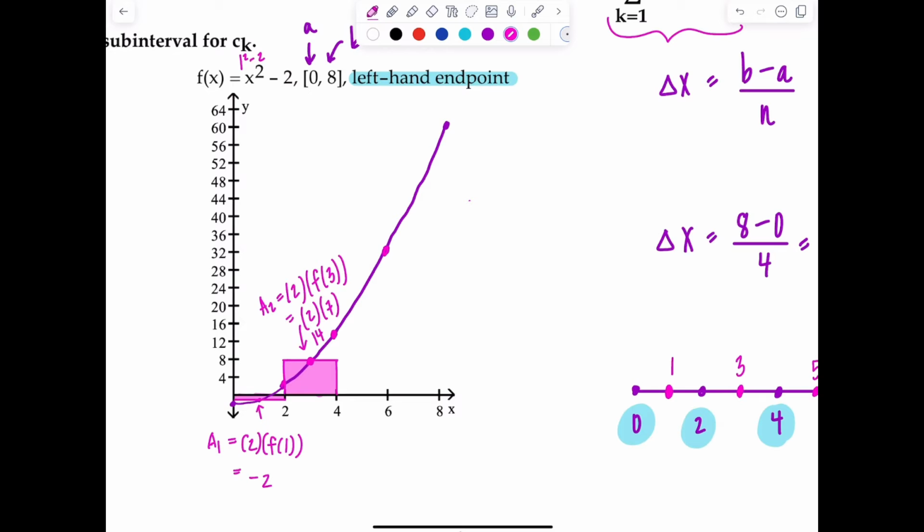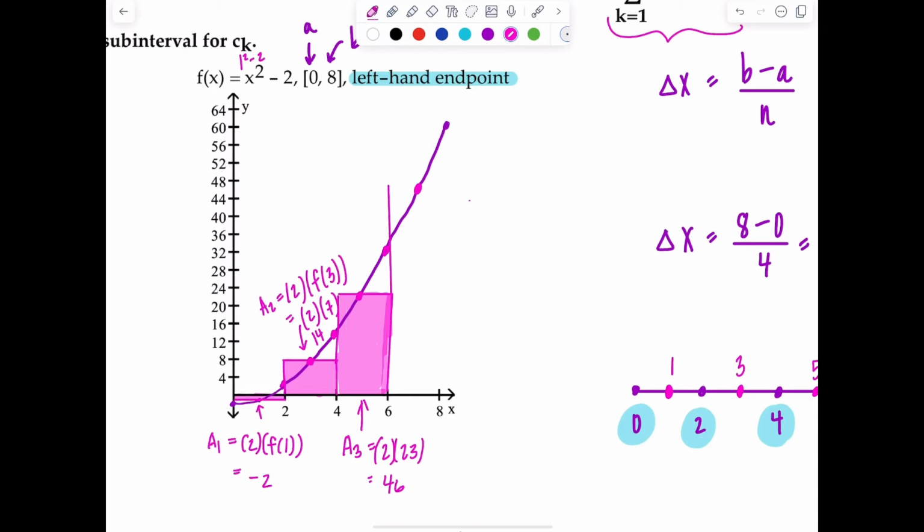Okay. Area 3, we're going to take the height at 5, halfway between. Sorry for the wobbly rectangle. So let's see. The height at 5 is 5 squared minus 2, 25 minus 2, that's 23. So area 3 is going to be 2 times 23, so 46. And then the last one is going to be at 7.